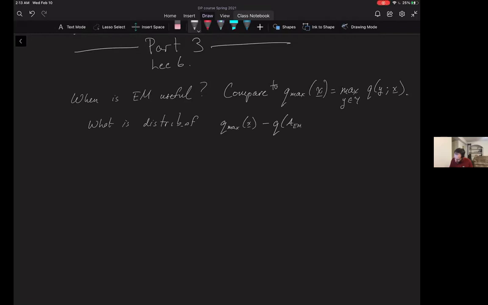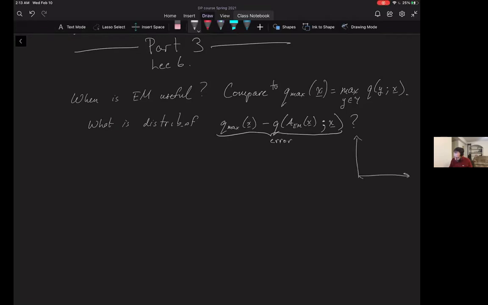So we run the exponential mechanism on X, and we want to get our hands on the distribution of this type of error. How far are we in the score space from producing something of the optimal score?